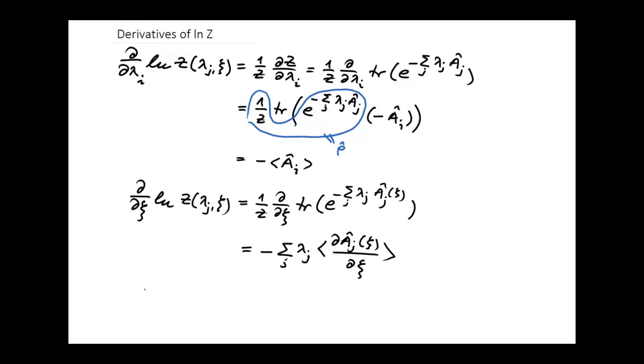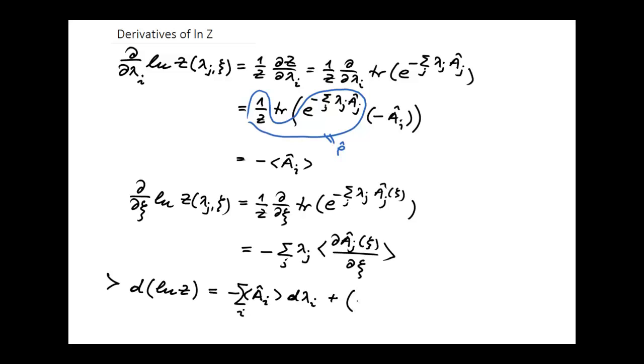We can summarize these findings and write the differential of log z as the partial with respect to lambda times d lambda. The partial with respect to lambda is minus the expectation value of AI times d lambda I, and then we have to sum over all I, plus the partial of log z with respect to psi times d psi.